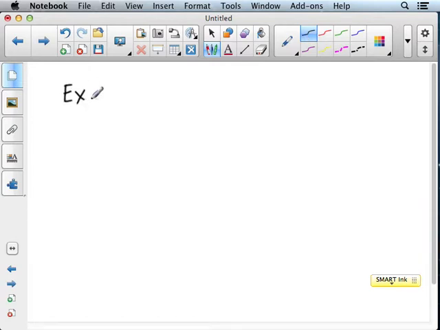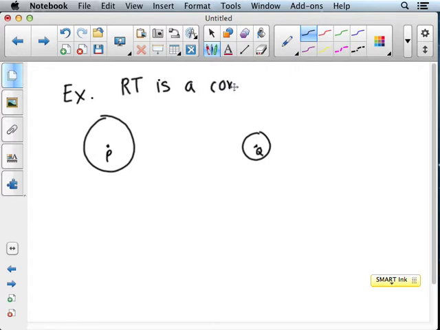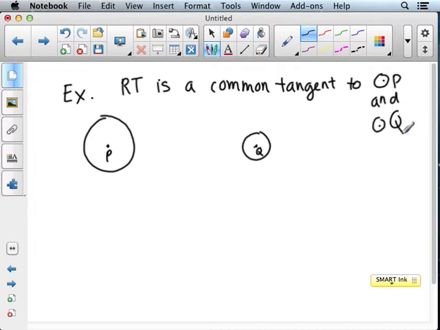So let's say we have a circle with center P. We've got another little circle over here with center Q. And it says RT is a common tangent to circle P and circle Q. That's how you mark a circle, the little circle sign.